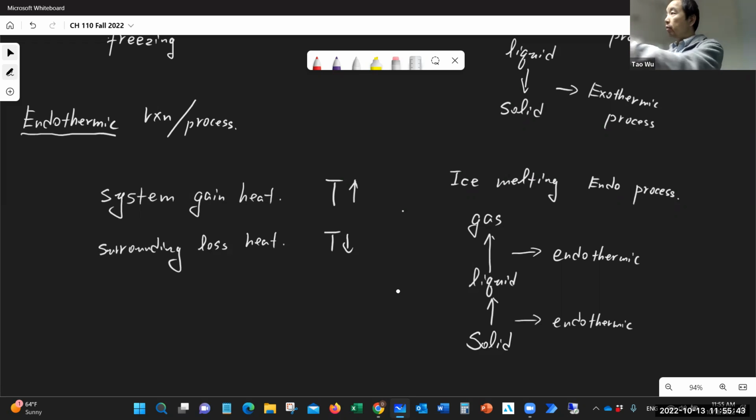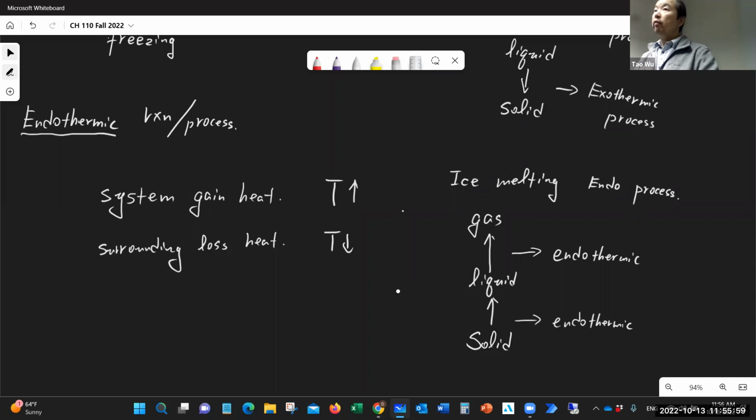Or if you open the refrigerator, the refrigerator is gaining energy from you. So the refrigerator is also an endothermic process because it is absorbing energy from you.